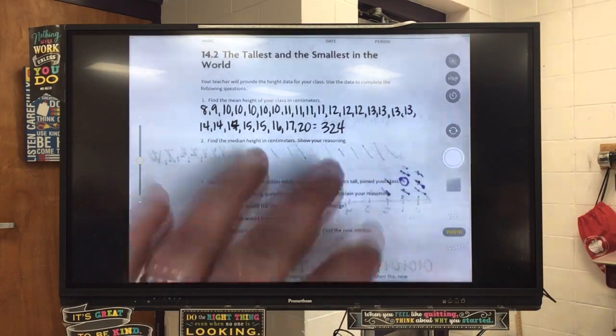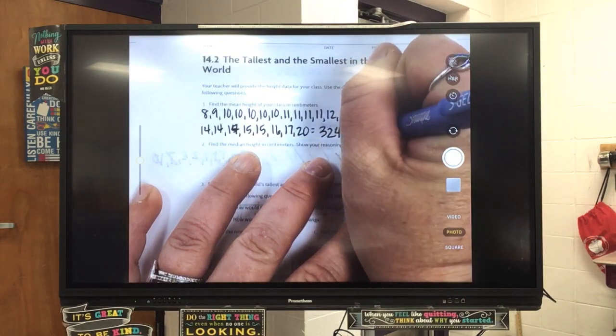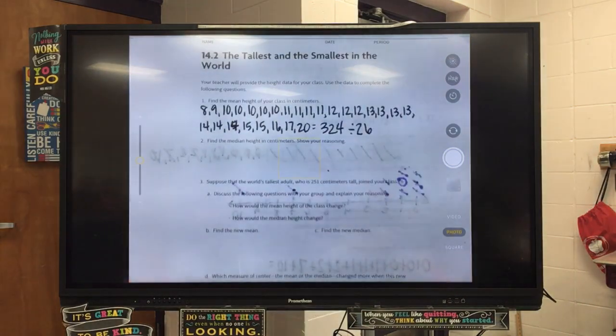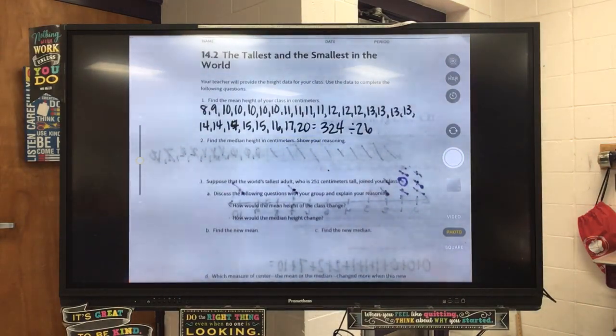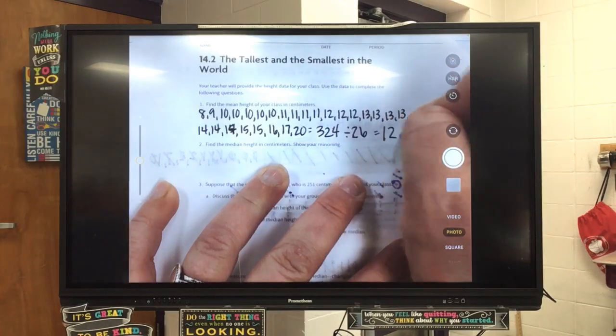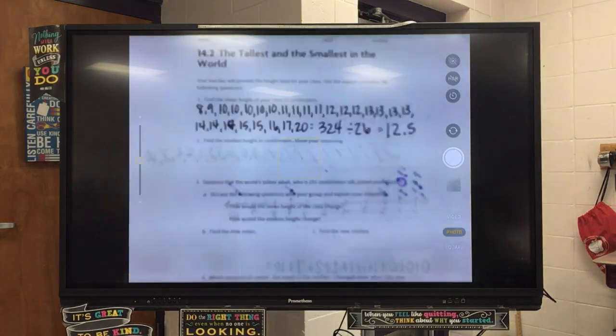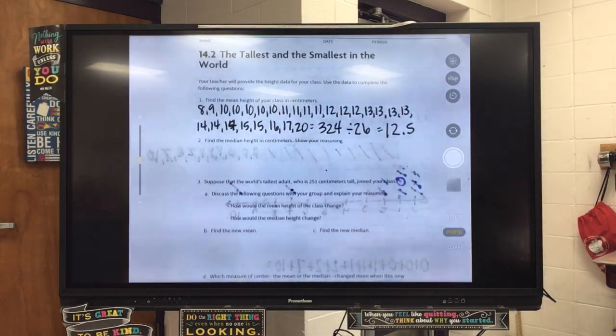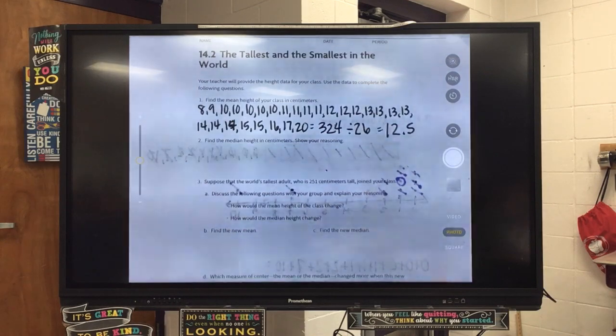So it should be 26. So we're going to divide this by 26, and our average number of letters in our name is 12 and a half. Okay, so that is the average number of letters in the names of our classmates.